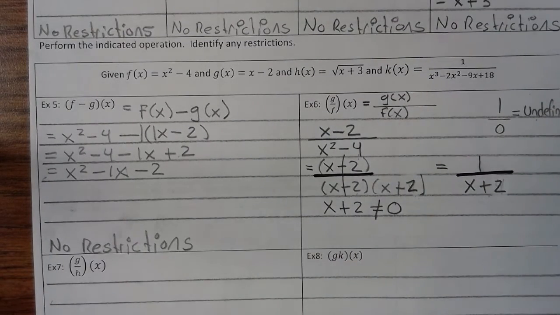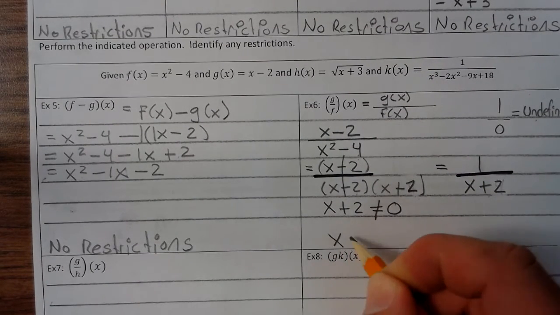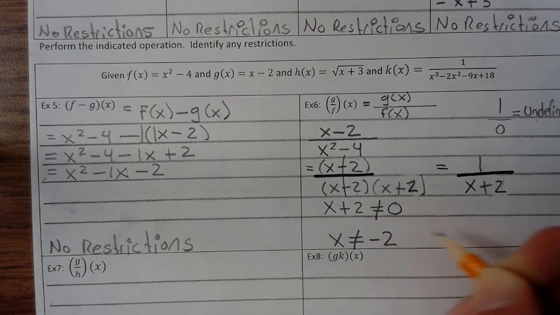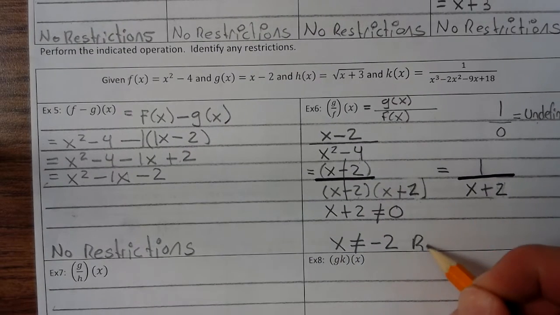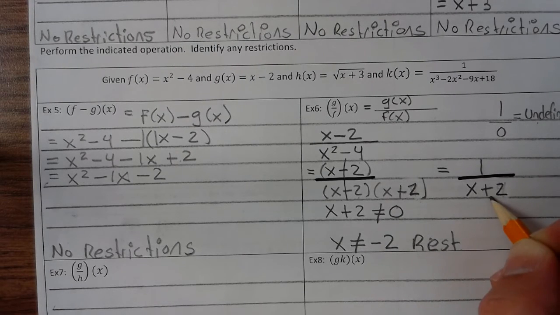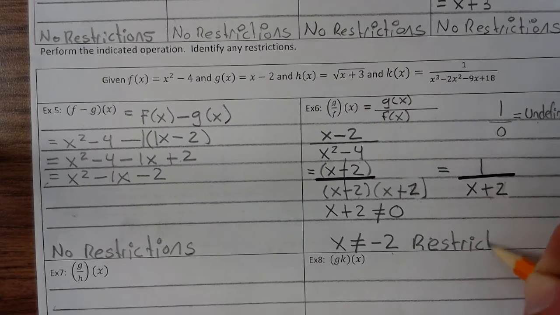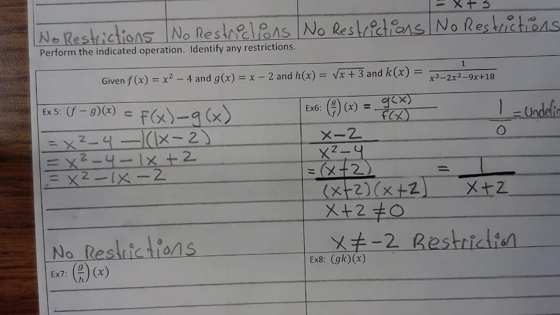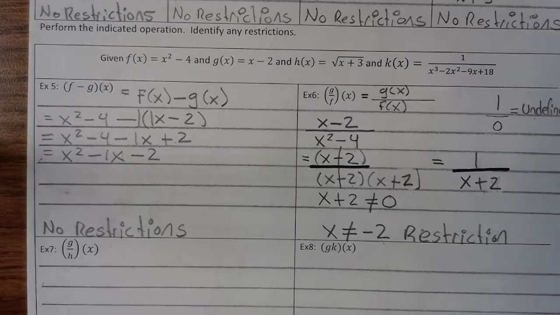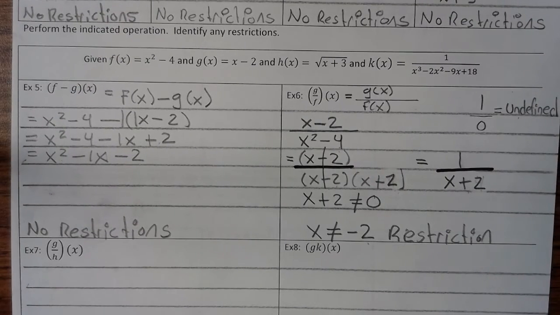We want to find out when it's not equal to 0. Well, that's x not equal to negative 2 is the restriction. And the reason why it's a restriction is because the denominator can't be 0, and negative 2 makes it 0. All right, go ahead and finish up example 6.